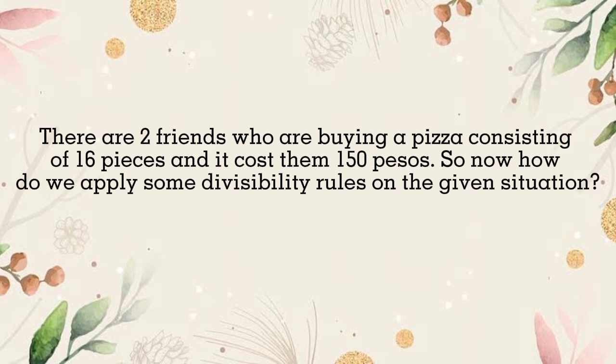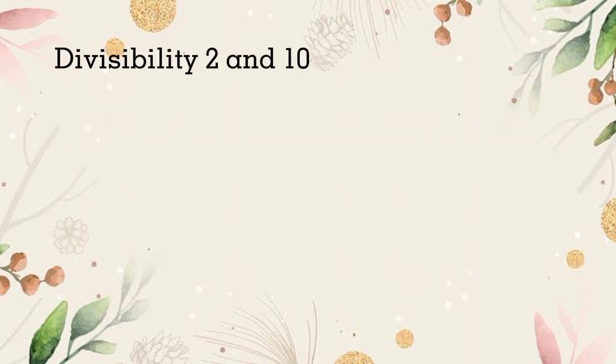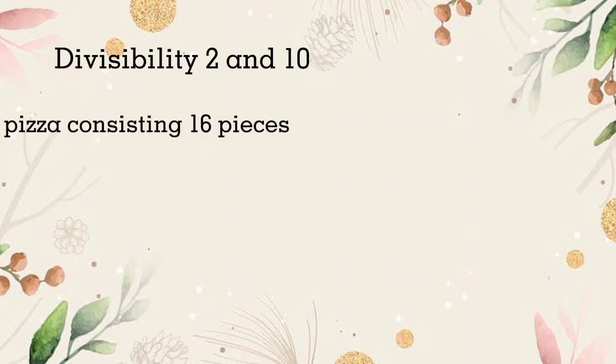Seeing the situation, you can use divisibility rules 2 and 10. First is 2. Since there are two friends who are buying a pizza consisting of 16 pieces, the last digit is even, which is 6. 6 divided by 2 is equal to 3.